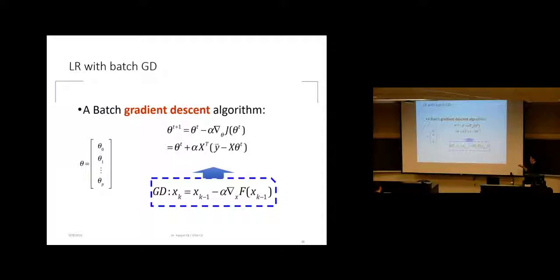So this is our gradient descent updating rule, and you replace this delta with our gradient, and then put alpha, and that's it. And theta is our parameter. The whole function is theta t plus 1 equals theta t plus alpha X transposition times (y minus X theta t). That's it. This is how you're going to implement it in the batch version of gradient descent, because this uses all the training data. This is not stochastic. Stochastic is next.